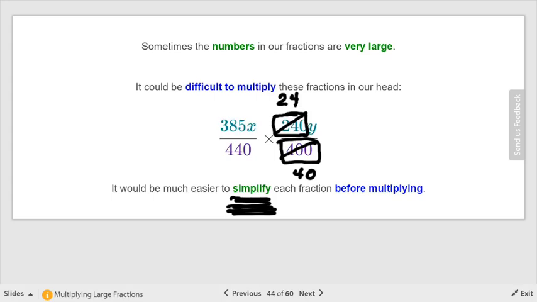So look at these two. Now 24 and 40, you notice they're both even, aren't they? So they'll at least divide by 2. They'll also divide by 4. If you saw it, they'd also divide by 8. Remember, if they'll divide by 2 and they'll divide by 4, that also means they'll divide by 8. Did you know that rule? But let's just divide them by 2.